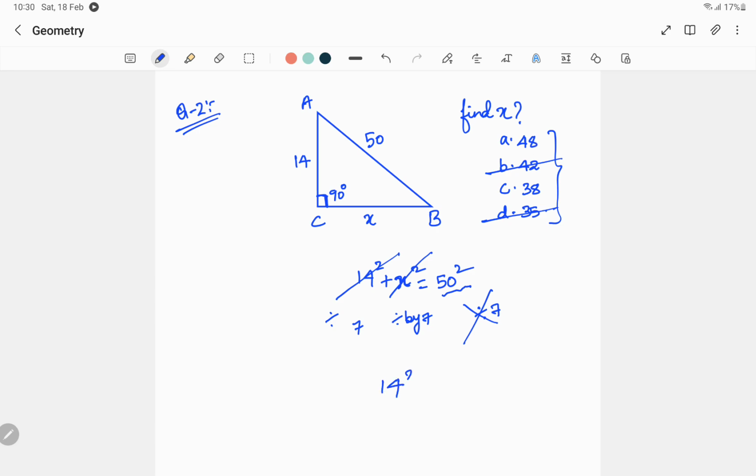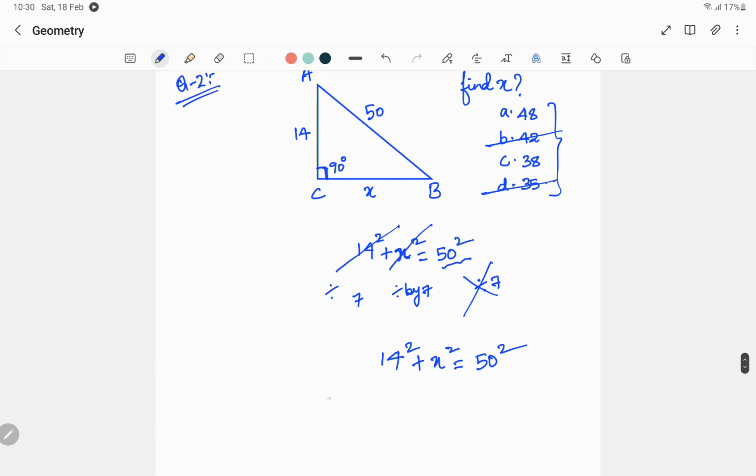So again I'll write 14 square plus x square equals 50 square. Now what we can do is go for a digit sum concept. So if x equals 48, 14 is 1 plus 4 is 5, 5 square is 25, 2 plus 5 is 7. Digit sum of this would be 7.